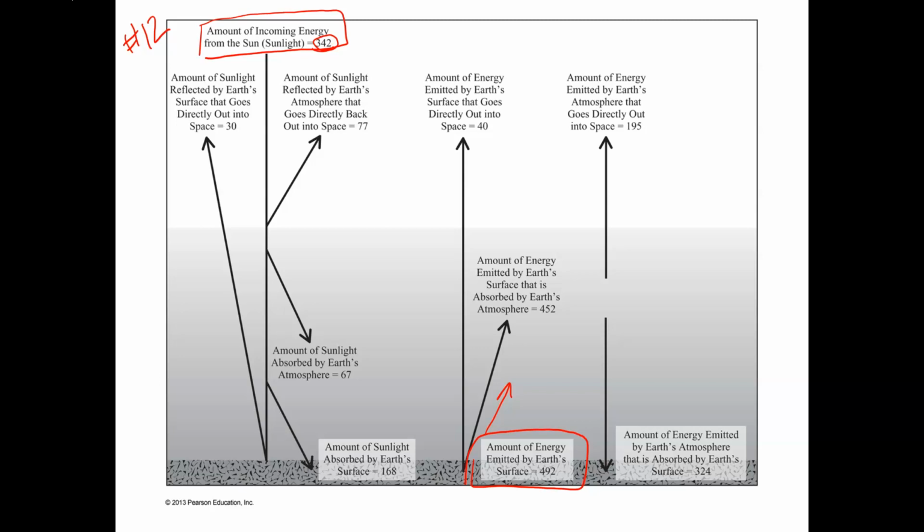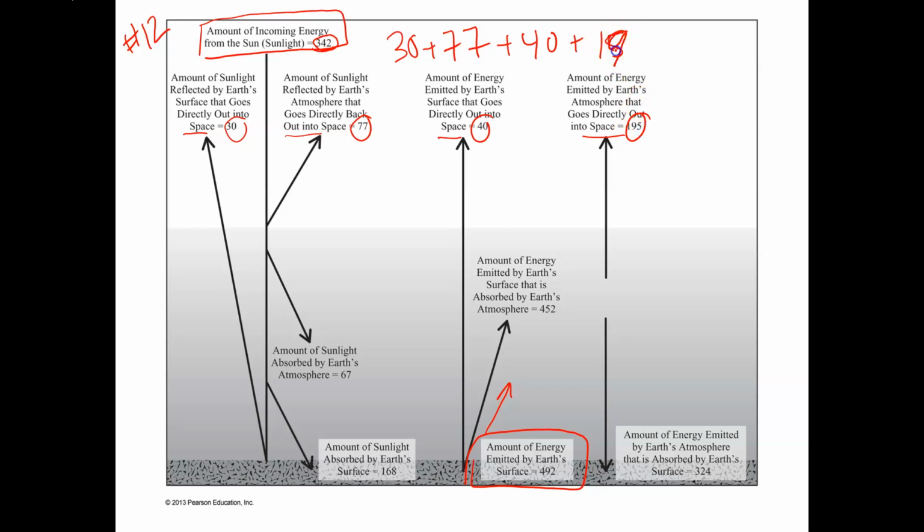So this is the amount coming in, 342, right? Now, how much energy is leaving Earth and going into space? We want to look at what is going directly out into space. There are our numbers, and if you want to add those up, we got 30 plus 77 plus 40 plus 195.